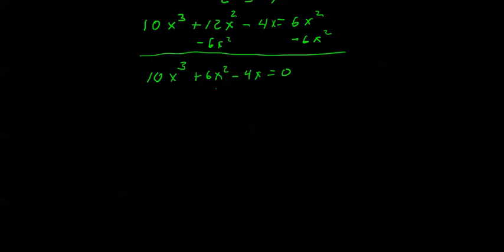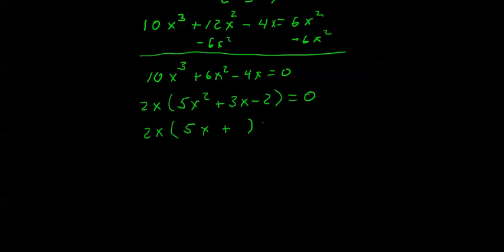And then I factor out my common factor, 2x, 5x squared plus 3x minus 2 equals 0. And I factor 5x plus minus and an x.